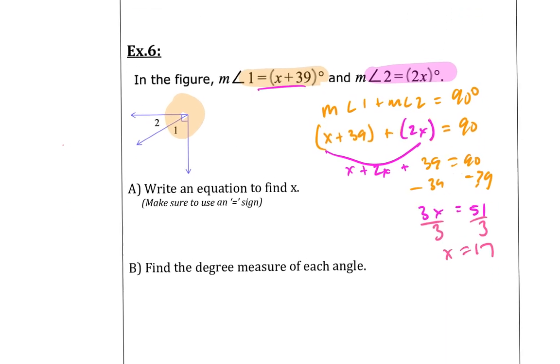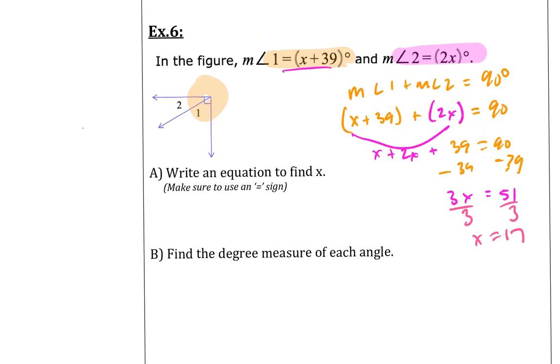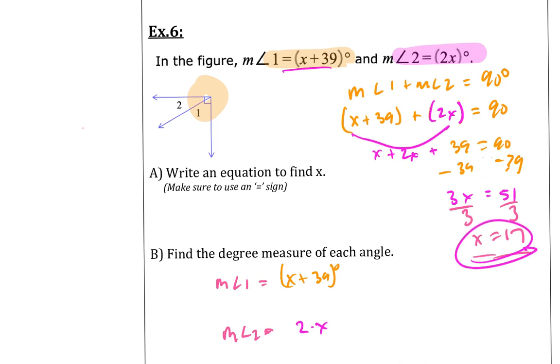Okay, so we solved for x. Find the degree of each measure. Well, if x equals 17, then the measure of angle 1 equaled x plus 39 degrees. And the measure of angle 2 equaled 2x. And we said x equals 17.